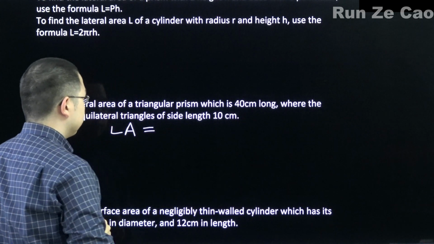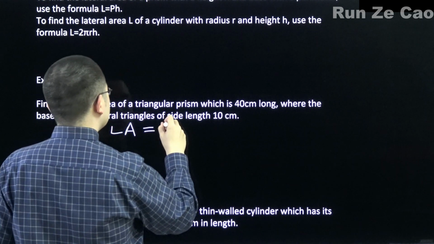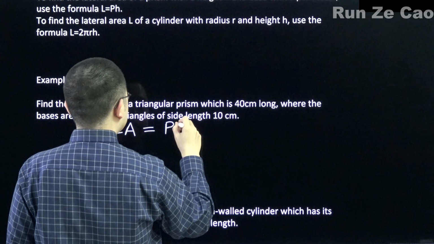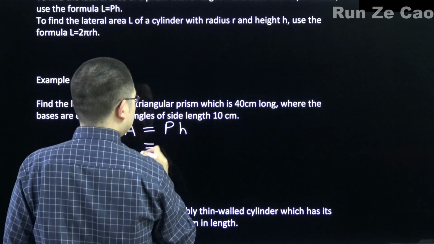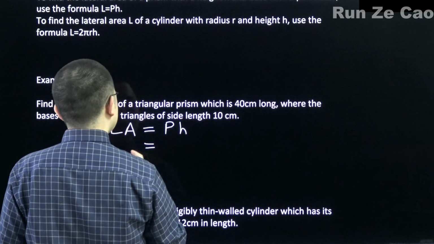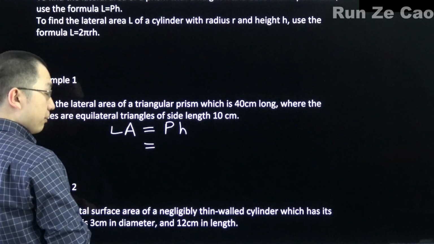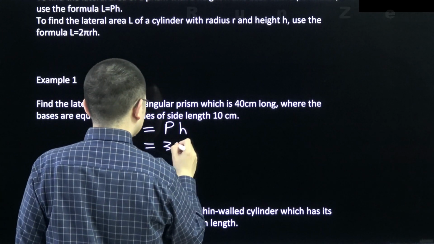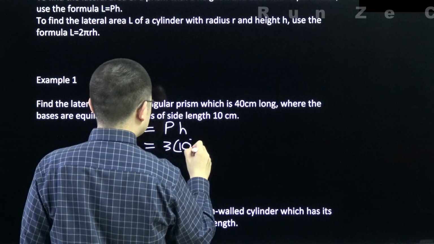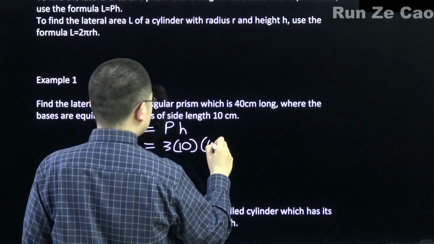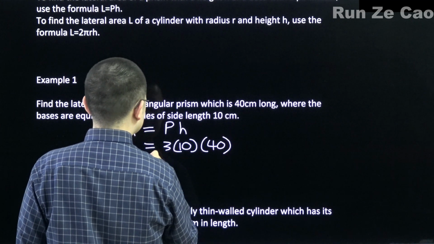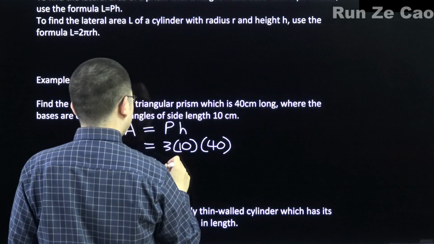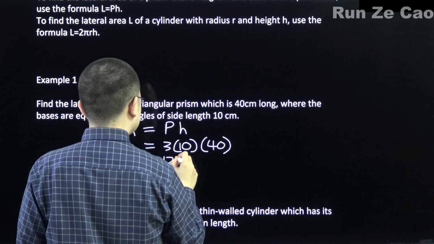So LA is equal to perimeter of the base times the height. The base is an equilateral triangle with side length 10 centimeters, so the perimeter is 3 times 10 centimeters, times the height, which is 40 centimeters. 30 times 40 is 1200.